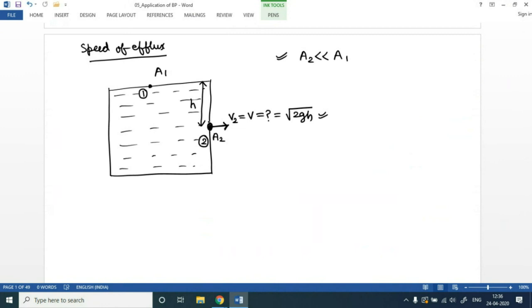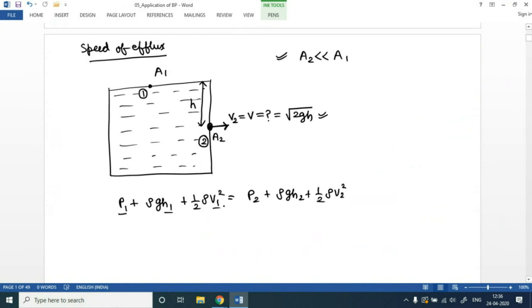So we are going to apply P1 plus rho g h1 plus half rho v1 square is equal to P2 plus rho g h2 plus half rho v2 square. We are going to very carefully write each and every term involved in this equation now.